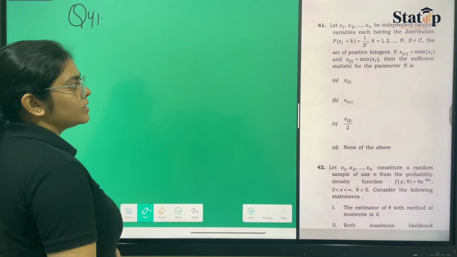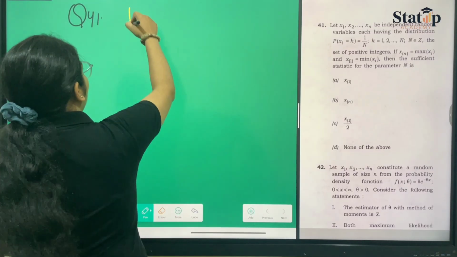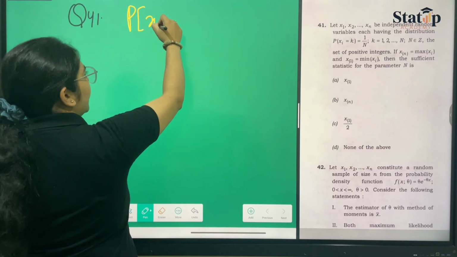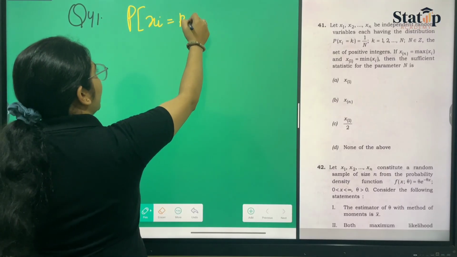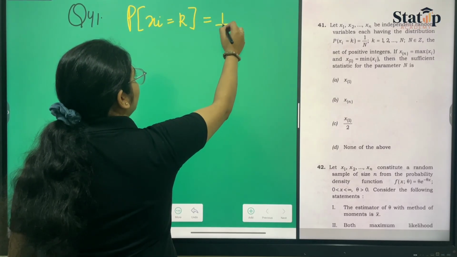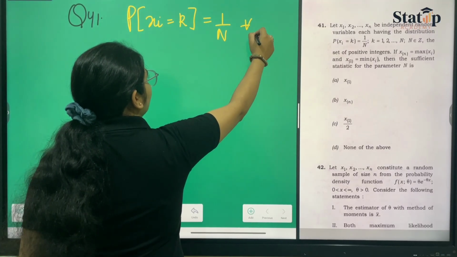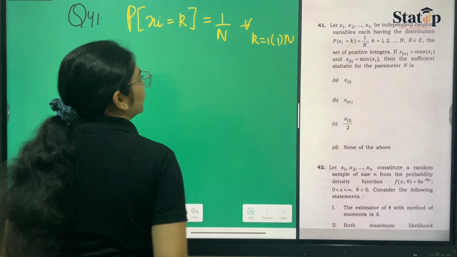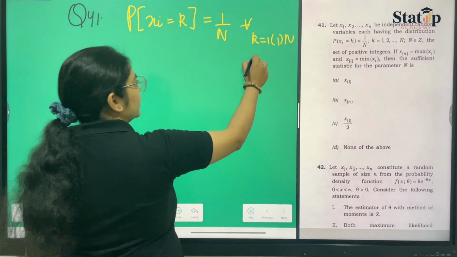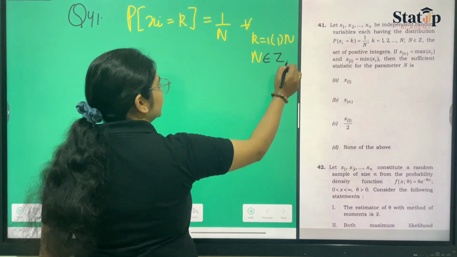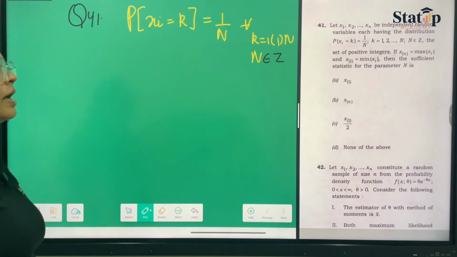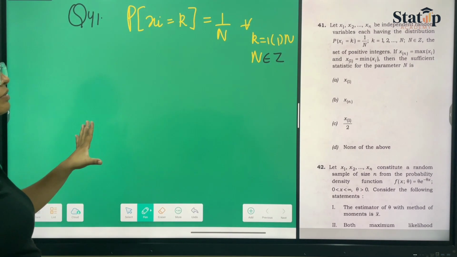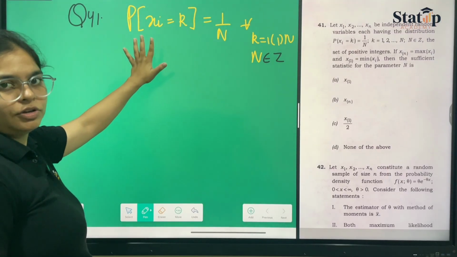They have given us a random distribution, and the probability that Xi is equal to k has been given to us as 1 upon N, for all k going from 1 to capital N. N belongs to Z, meaning integer.